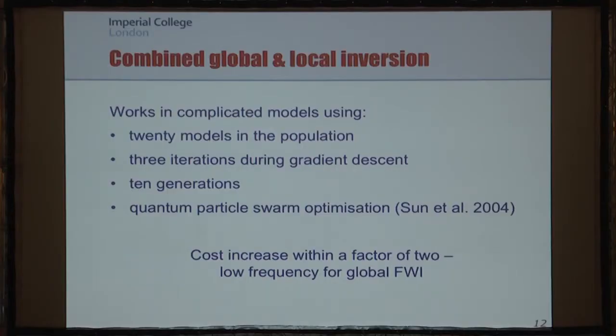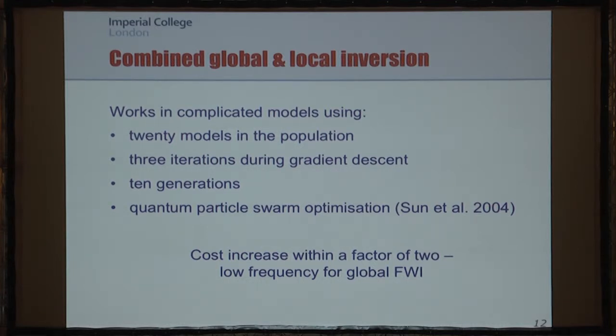From experience, we found that this works in pretty complicated models using roughly 20 candidate solutions per global iteration, 3 nested iterations per global iteration, 10 global iterations, and for the global optimization part, we elected to use quantum particle swarm optimization, or QPSO, which was developed by Sun and his collaborators in 2004.